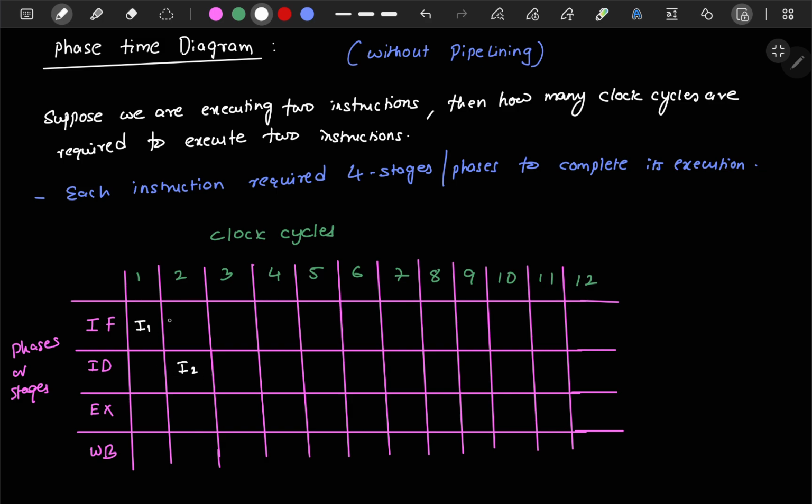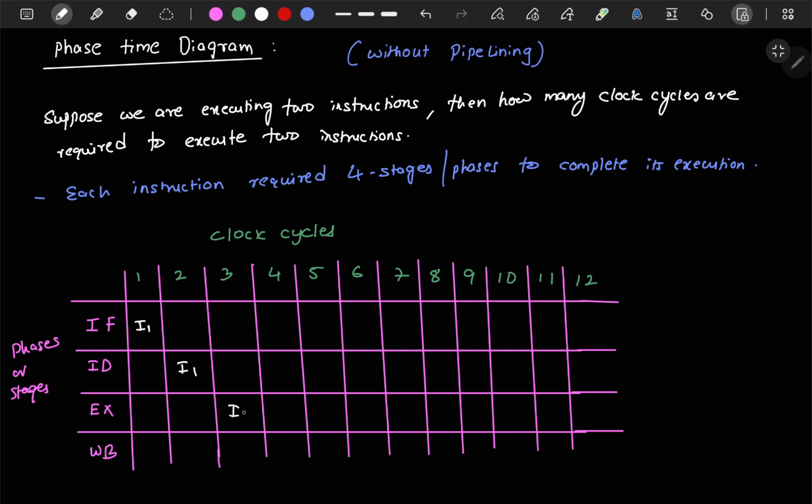So when I write I1 here, what does it mean? At the first clock cycle I1 will move to instruction fetch, and after that at the second clock cycle I1 will move to the instruction decode phase.